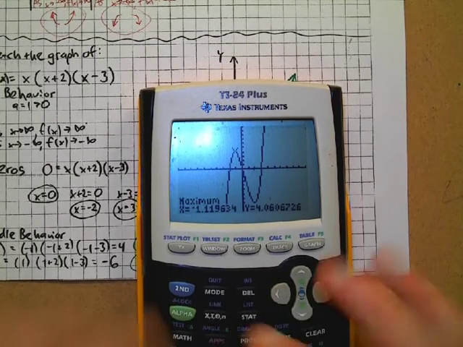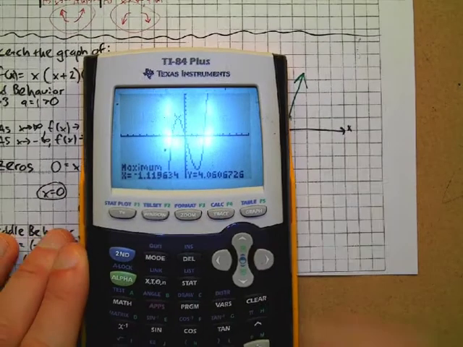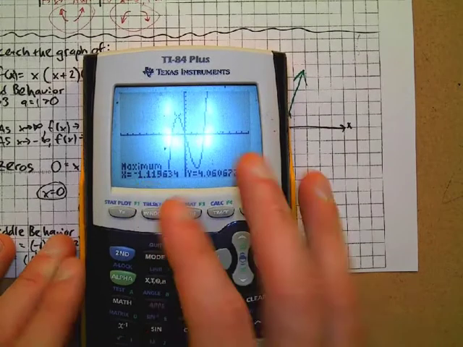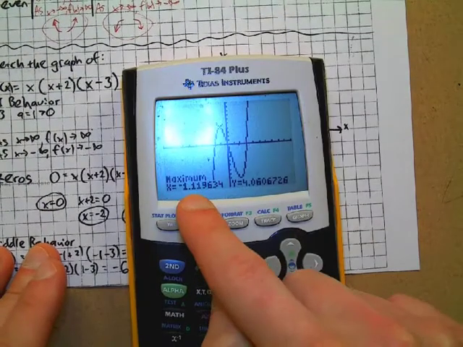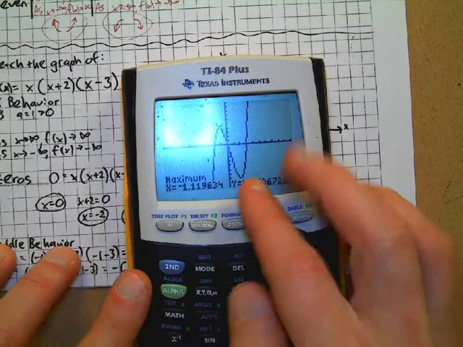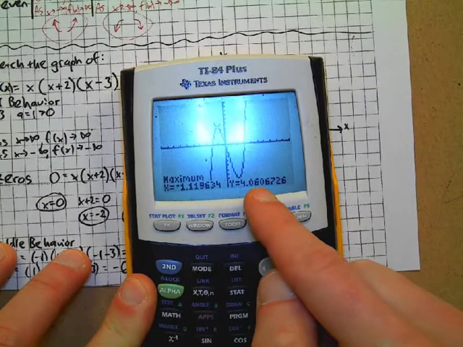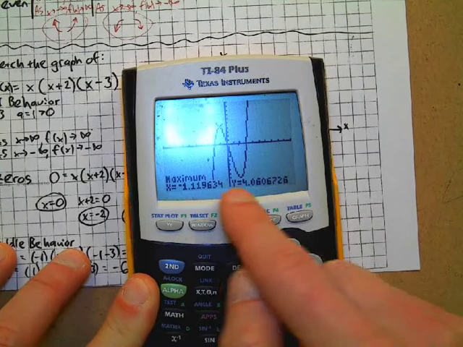You'll see that that highest point does not occur at negative 1, 4. The actual highest point occurs at negative 1.119634, and it's a y value of 4.0606726. That's not a rounding error on the calculator part, that's for real.